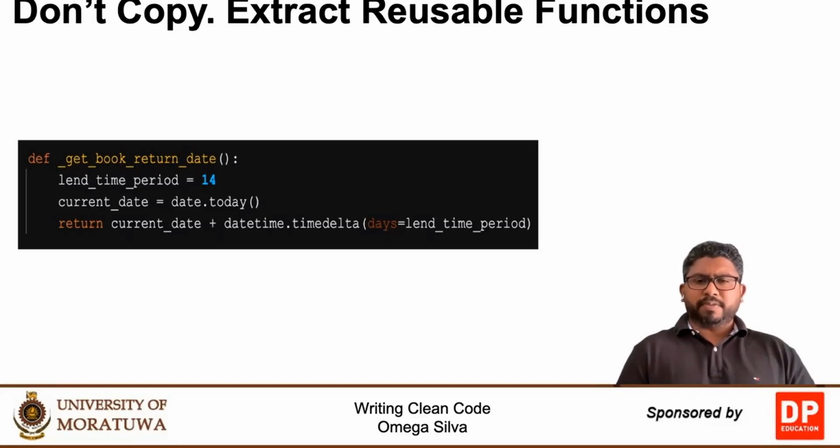So you're not copying and pasting code. It's the same 3 lines, but the function is being called in multiple places. If you want to edit this functionality, it is this function only that you have to edit, and the change will get reflected in all the places this function has been called. So remember, no copy pasting. If you want to reuse code, extract a function, create a reusable function, make it readable, and make it hold one and only one responsibility.